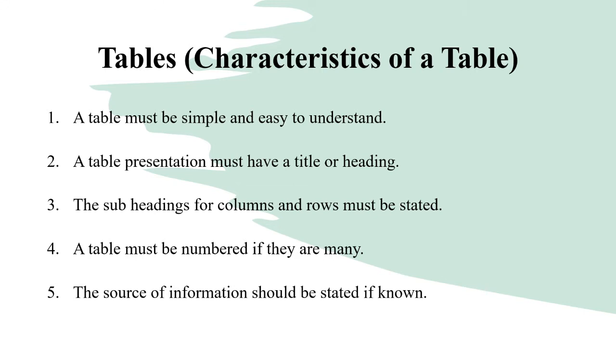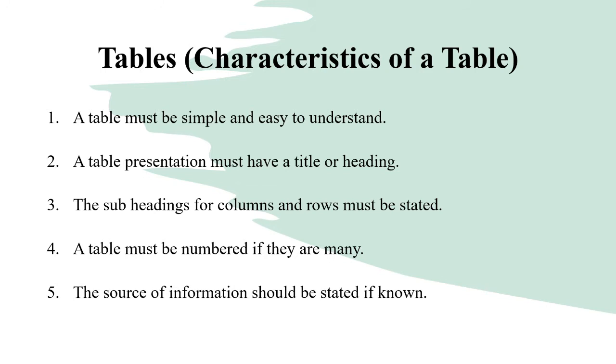Also, a table must have a sub-heading for columns and rows. For example, in our table, you can see that the sub-headings for columns were sex, economics, mathematics, and total, and that of rows were male, female, total.